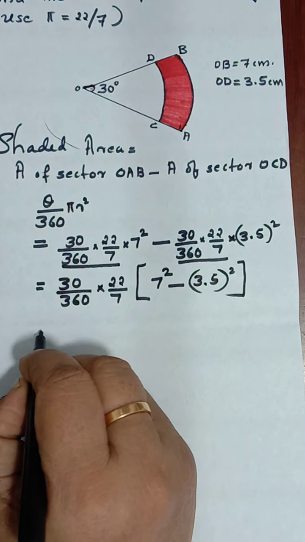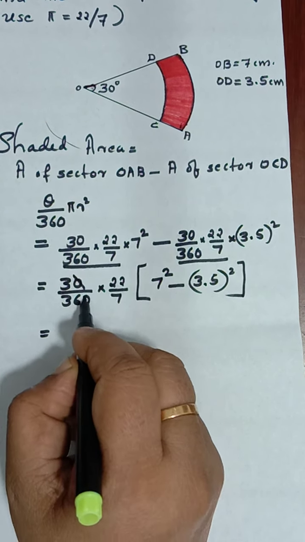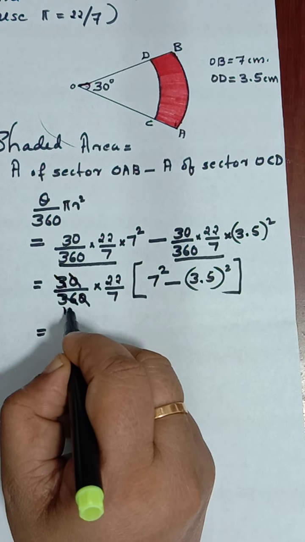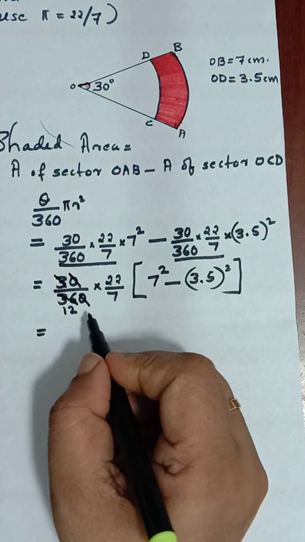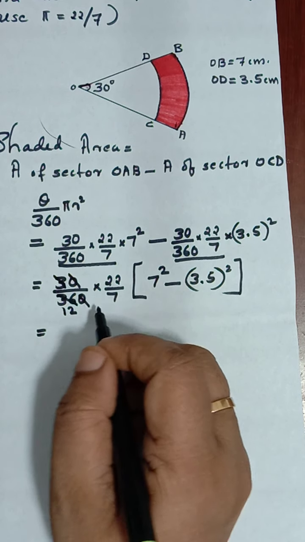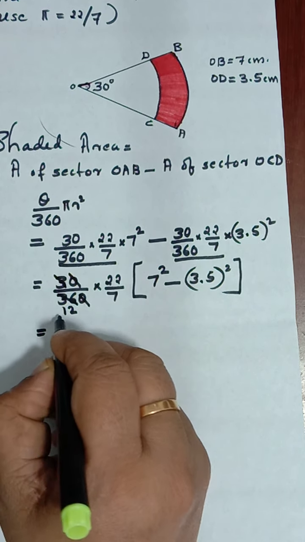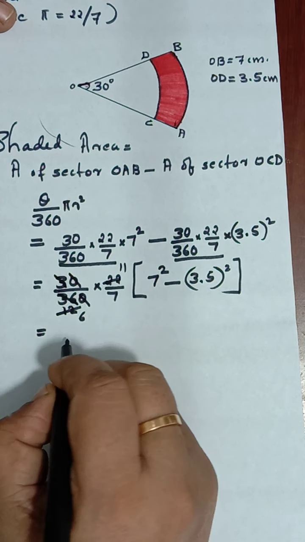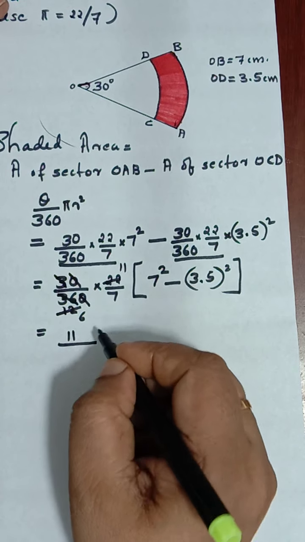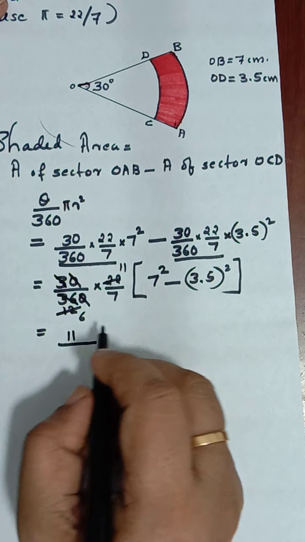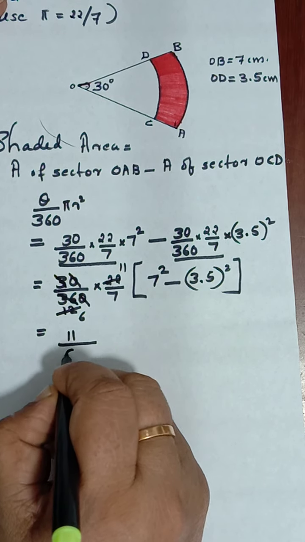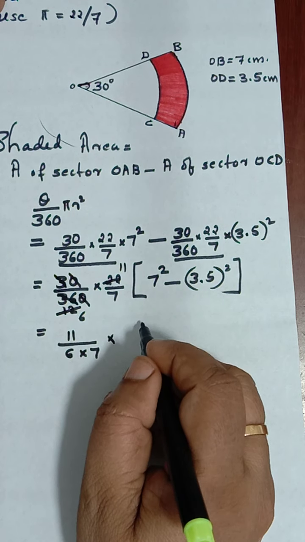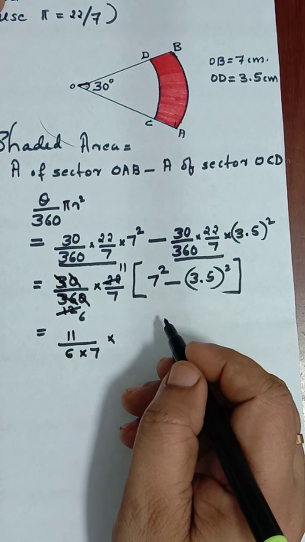Now 10 gets cancelled, 3 one time, 3 two times, so 1 by 12 comes. Then again you can cancel. 12 divided by 2 gives 6, and 22 gives 11. So 11 by 6 into 7 into 7 square minus 3.5 square.